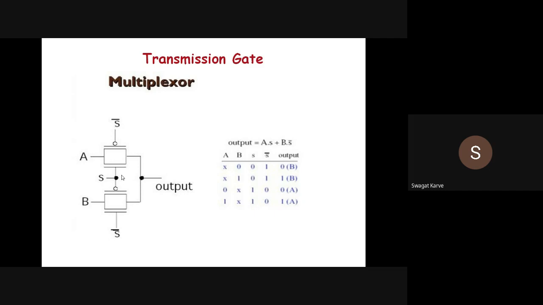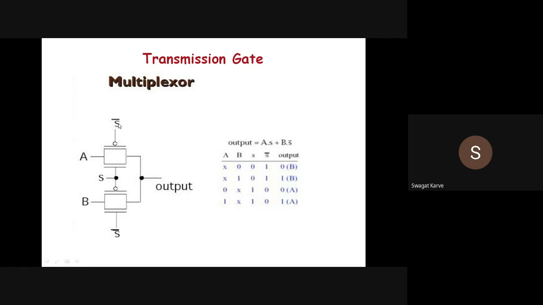If you give the input as, say, 0 0, instead of this don't care, we will take it as 0 0. Okay, and for this S you will apply 0, and for this S bar you will apply 1, right?